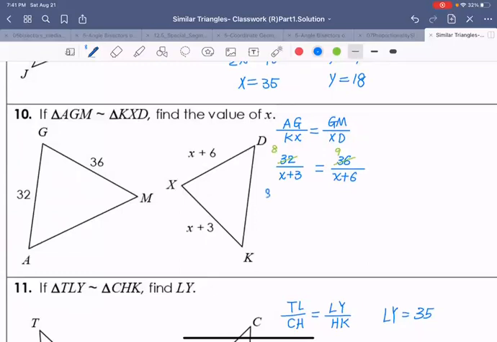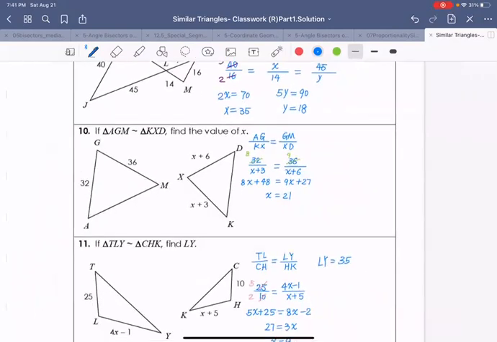So 8x plus 48 equals 9x plus 27. That's it. Very good. So x equals 21. Very good. There you go.